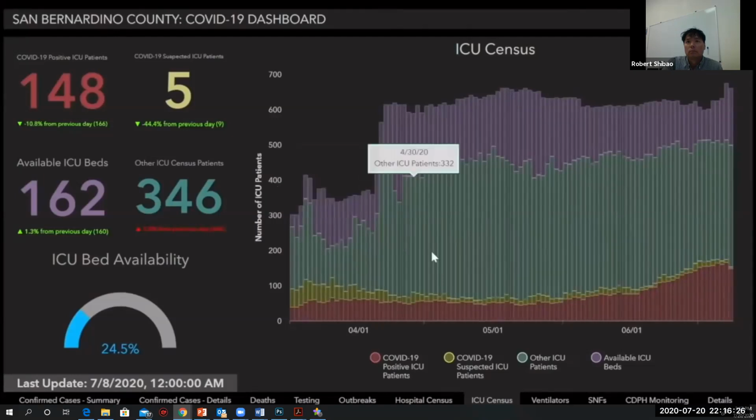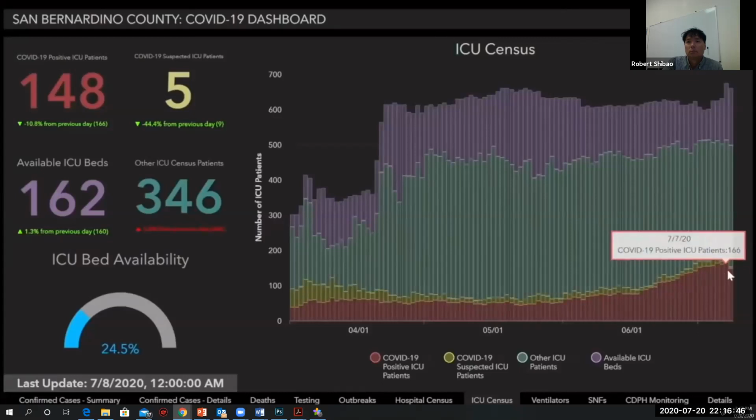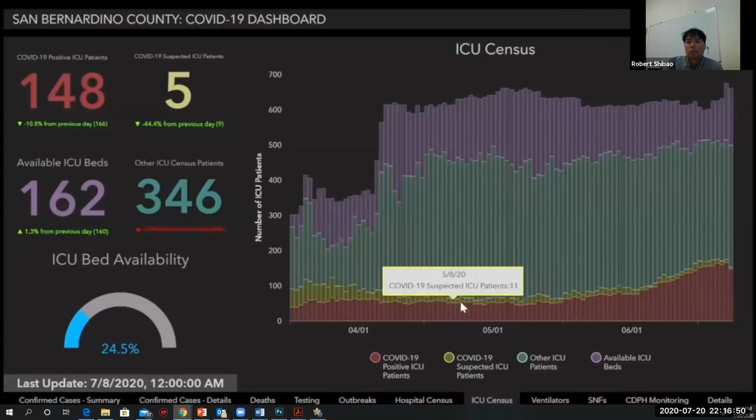The green, which is by far the largest proportion of ICU beds here, are actually other non-COVID ICU patients. And you can see that that sort of started to come up once the opening up of Southern California came to fruition. Here, the red going across are actual COVID patients. And this yellow, as we go across here, are suspected COVID patients.